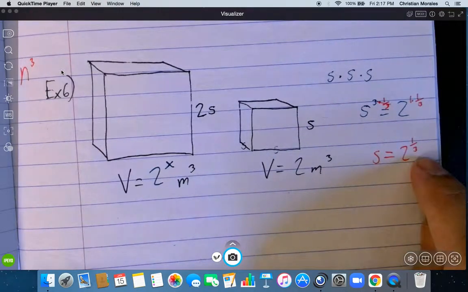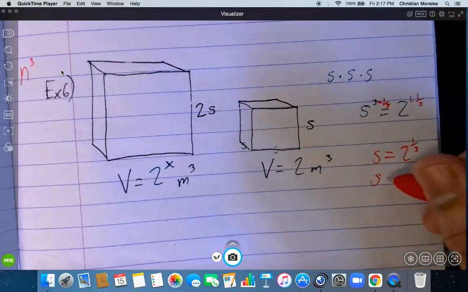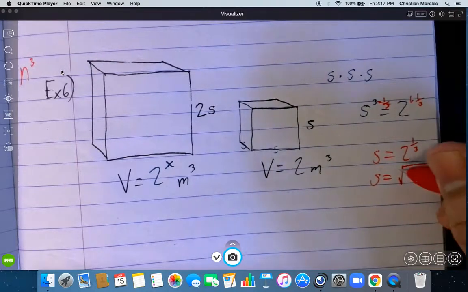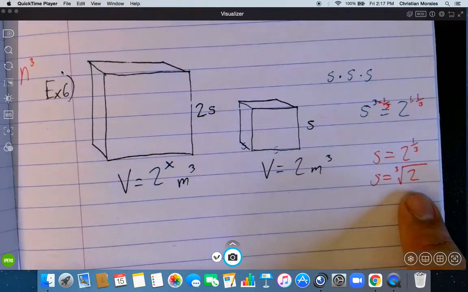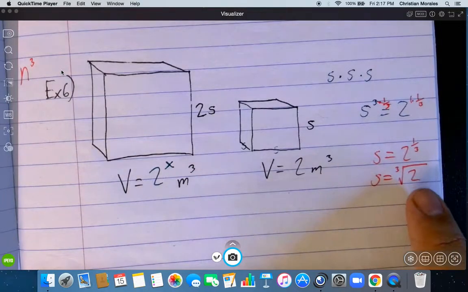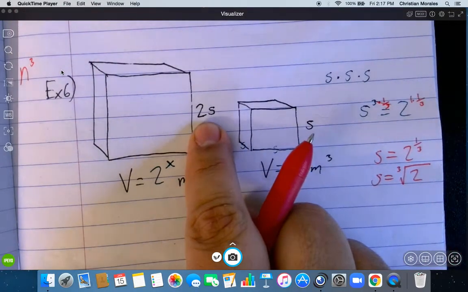Wait, what does 2 to the 1/3 even mean? Well, if your exponent is a fraction, that means it is the cube root of 2. That is my side, the cube root of 2. All right, now, if I know this is the side, I can plug in this information right here.